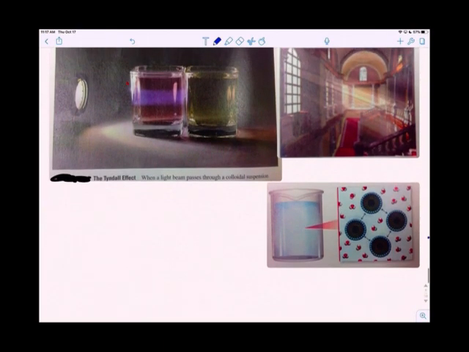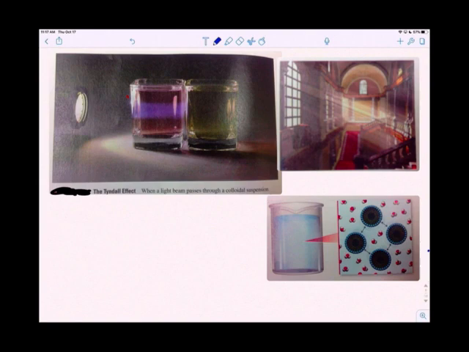Okay, the last thing here is the Tyndall effect. If you have a beam of light, you can see that the beam creates some scattering here, but not here. That means this one is not a solution, it's actually a dispersion, a colloid.